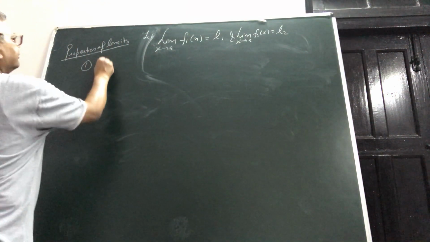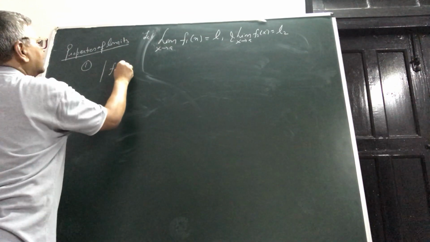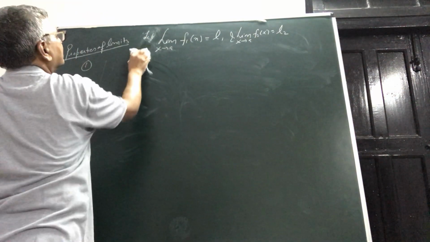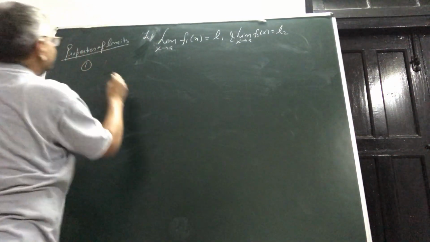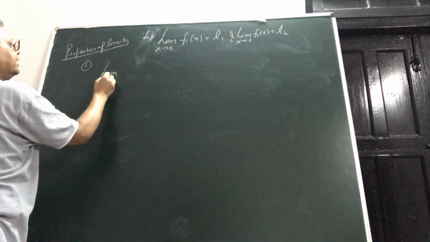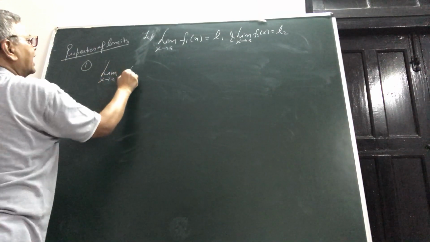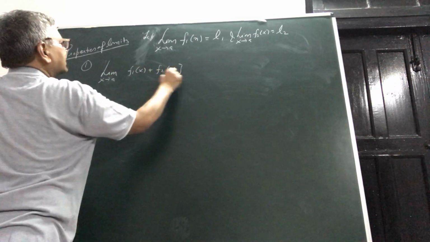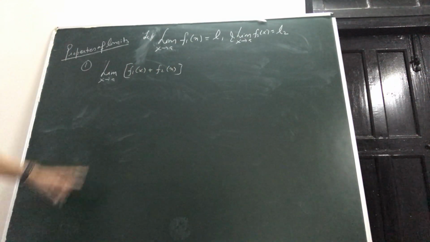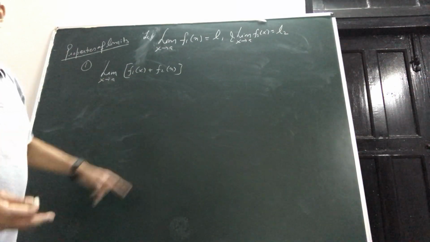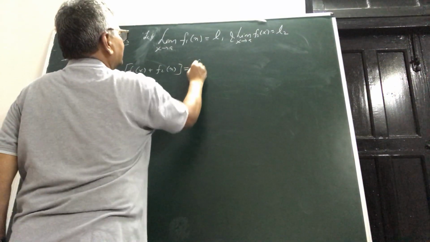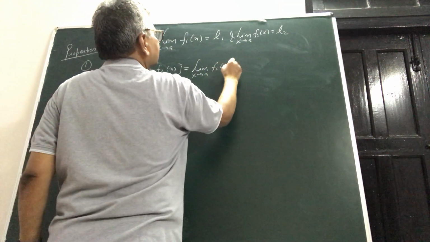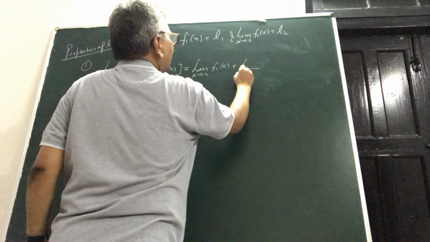Then the first property which you need to prove is that limit of the sum of two functions, limit x tending to a f1(x) plus f2(x) is equal to the sum of their individual limits. That is, this is equal to limit x tending to a f1(x) plus limit x tending to a f2(x).